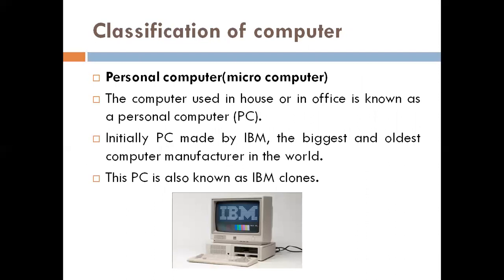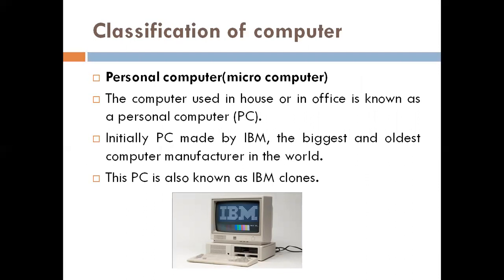The next topic is classification of computer. There are different types of computer available in the market. First one is the personal computer. It is also known as a microcomputer. It is used in the house or in the office, so it is also known as PC or personal computer.